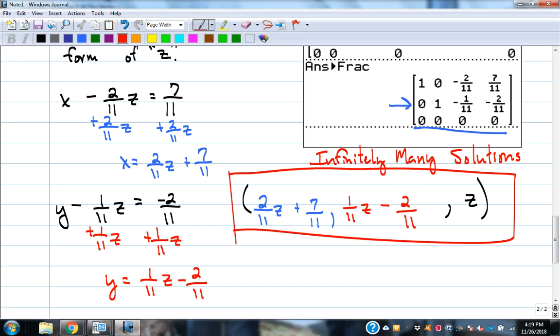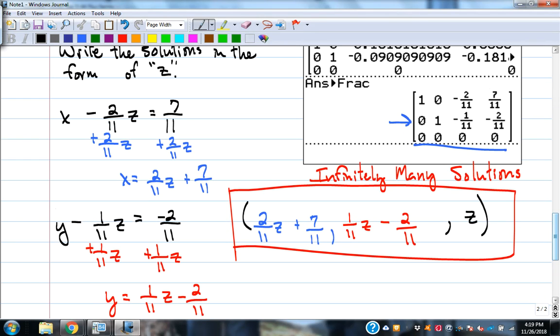Z is the form that most people go for, for whatever reason. It's kind of arbitrary, but that's the way they go about it. So anytime you get infinitely many solutions, they're going to ask for it in the form of a variable. I'm going to ask you for it in the form of Z, so be able to reproduce that.